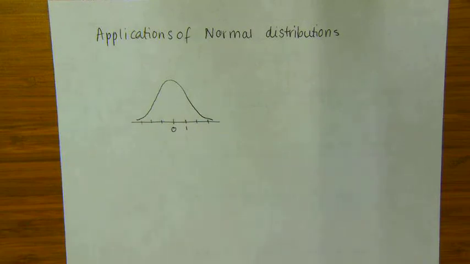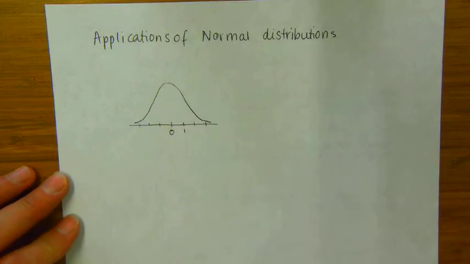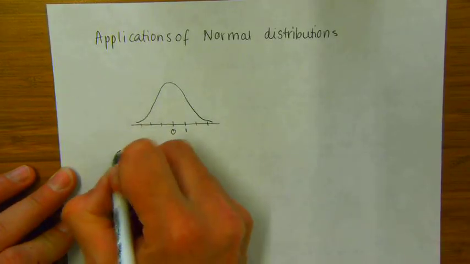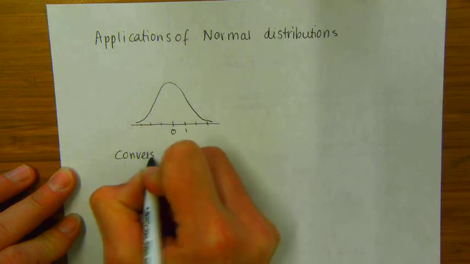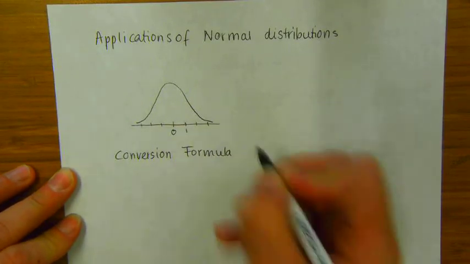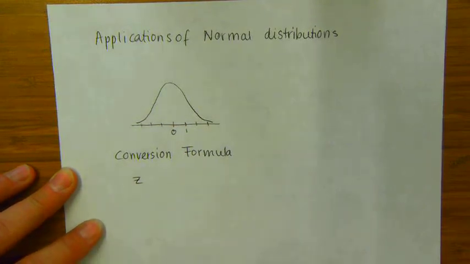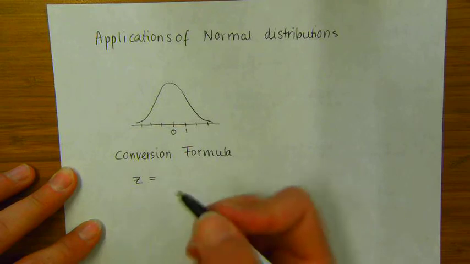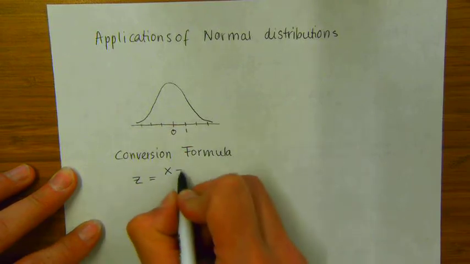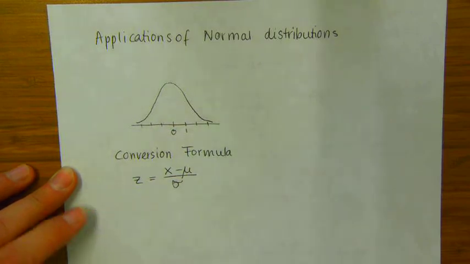Most real-life situations are not standardized to a standard normal distribution. So in that case, we would use our conversion formula from before. The conversion formula to convert a score to a z-score is we take our value, subtract the mean, and divide by the standard deviation.